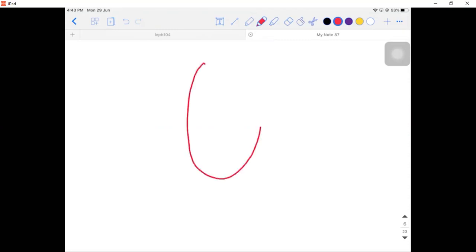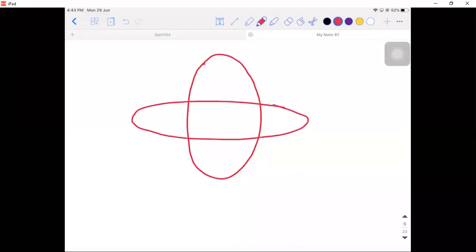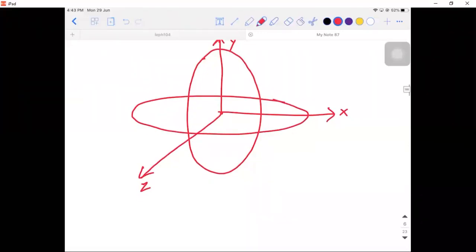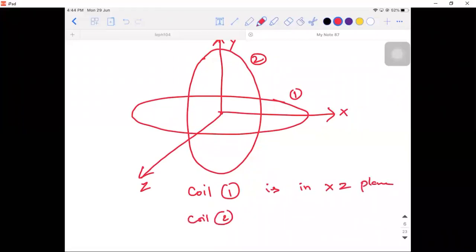There are two coils which are placed perpendicular to each other. Both are circular coils and they have a common center. Only difference is, if I take X, Y, and Z, and take this one as the first coil, then coil 1 is in the XZ plane, whereas coil 2 is in, can you guess?